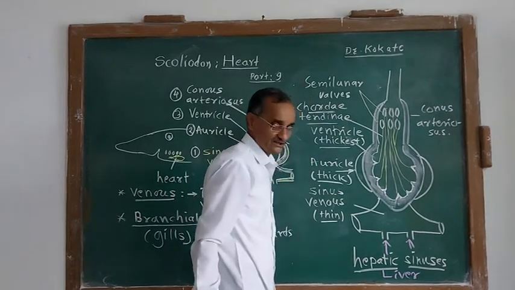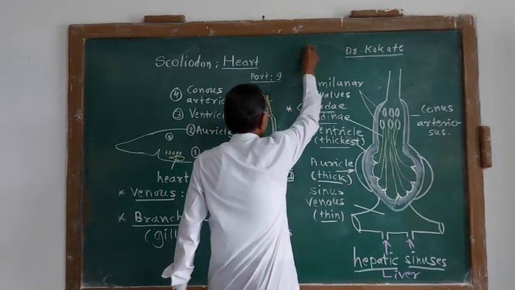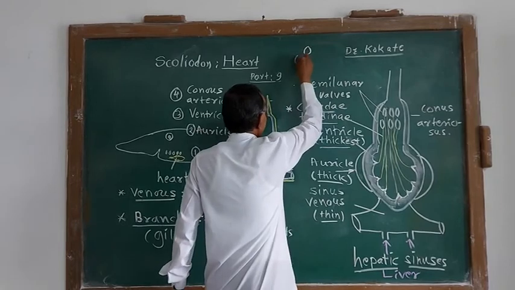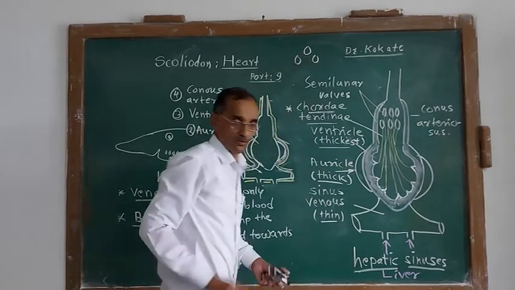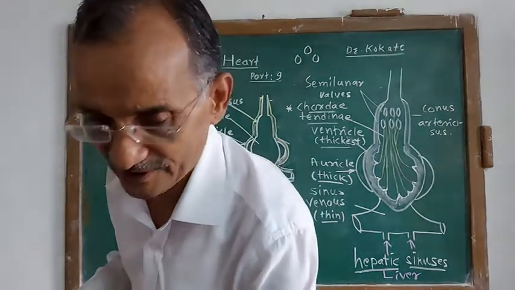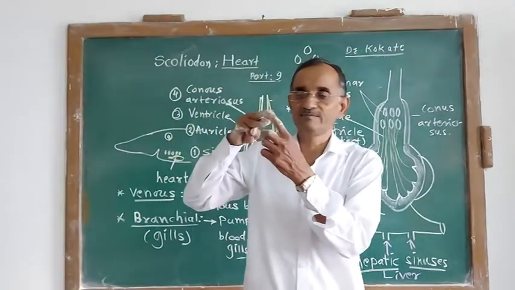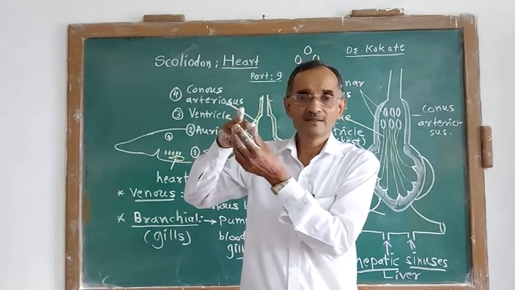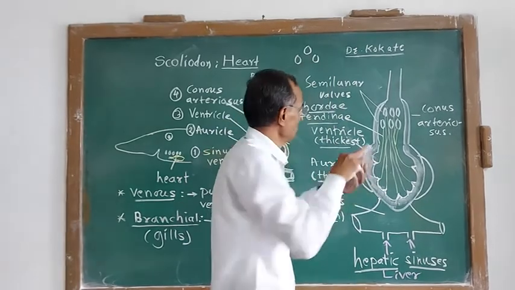There are two rows of these semilunar valves. How are they arranged? One is mid-dorsal in position and two are at the lateral sides.